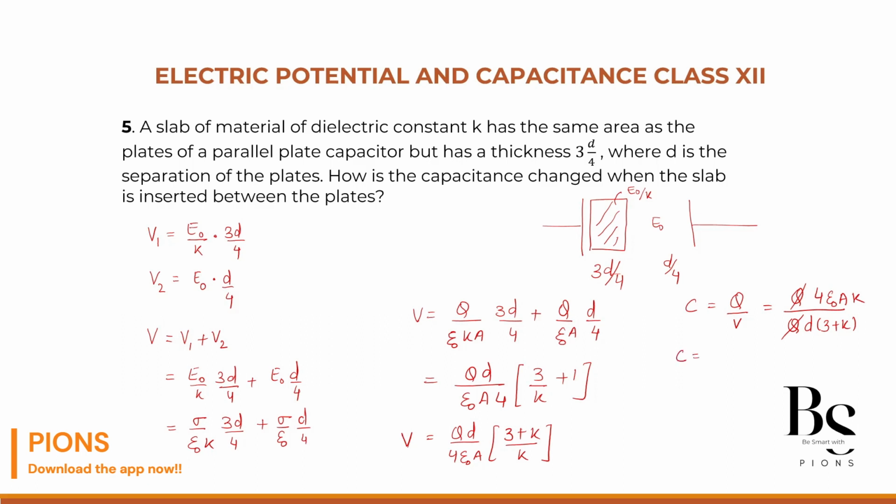So we are left with capacitance C, which will be equal to epsilon naught A by D into 4K upon K plus 3. Now what is epsilon naught A by D? It was the initial capacitance of the capacitor, C naught. If you want, you can write it so, or you can leave it as the previous one. So C naught is the initial capacitance, which is without the dielectric slab, epsilon naught A by D. Because of the slab, it became this one. Done. This is our correct answer.